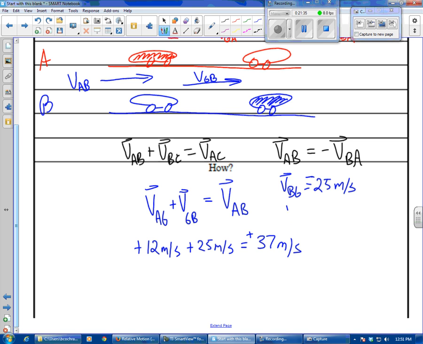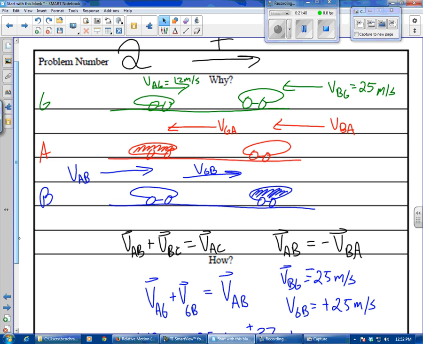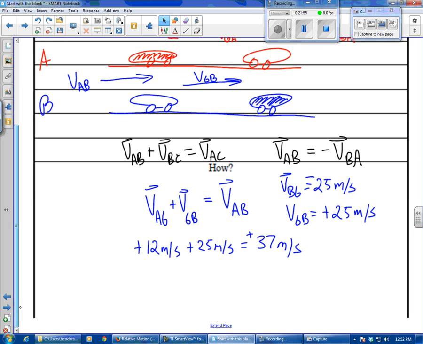Now, that means the velocity of the ground with respect to B is positive 25 meters per second. Right. And that's good because we had it going that way. We expect a positive answer, and we got a positive answer. So we can do a little happy dance. But we should get positive 37 meters per second.